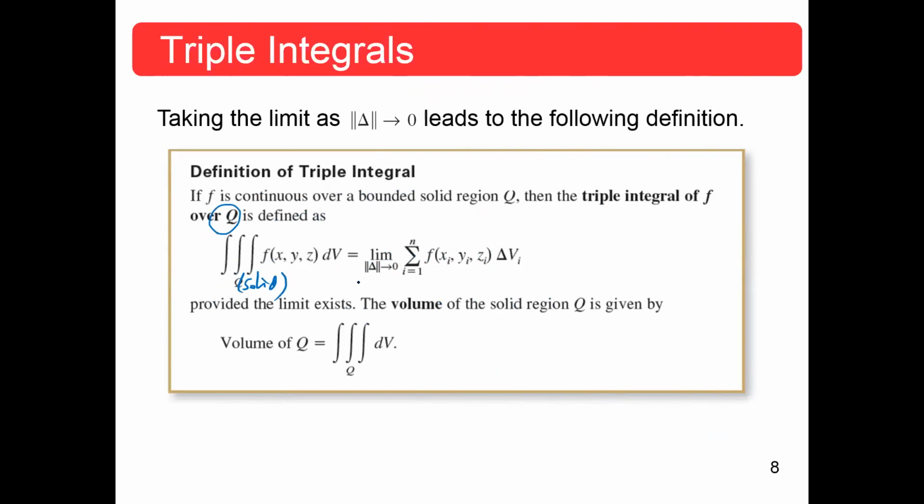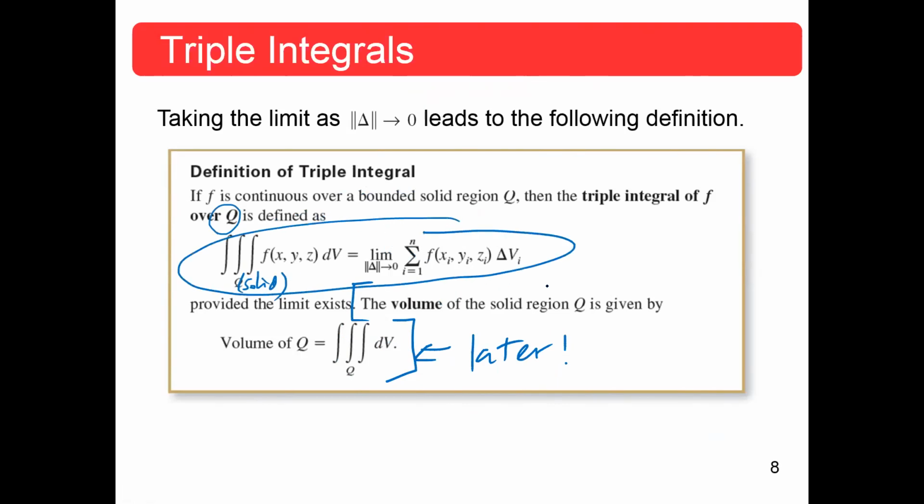Later on, we will know that the volume of the solid can be evaluated by using the triple integral of dV over Q, which is a simpler format. We'll talk about this later. But as of now, this definition of a triple integral is very similar to what we originally guessed.